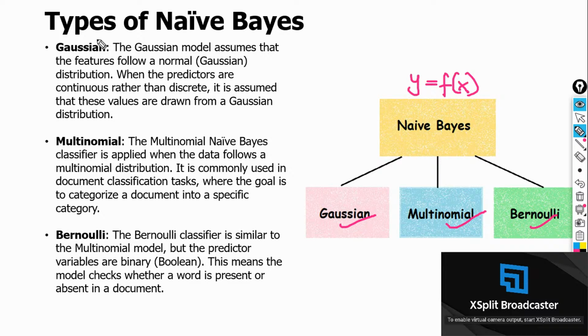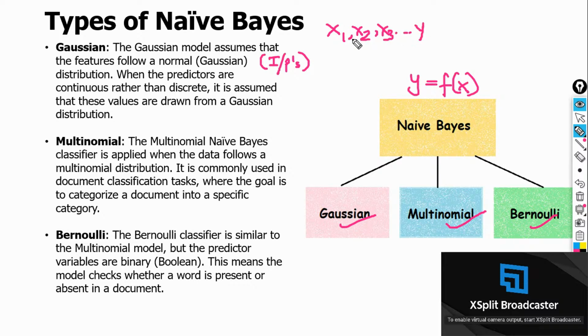Gaussian naive Bayes assumes that all the features are normally distributed. I'm talking especially about inputs. Whenever you work on a use case, you'll obviously have inputs and output.